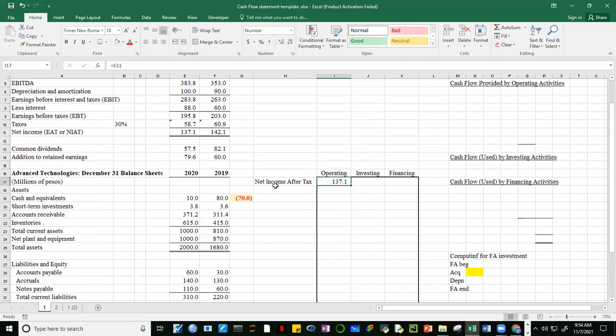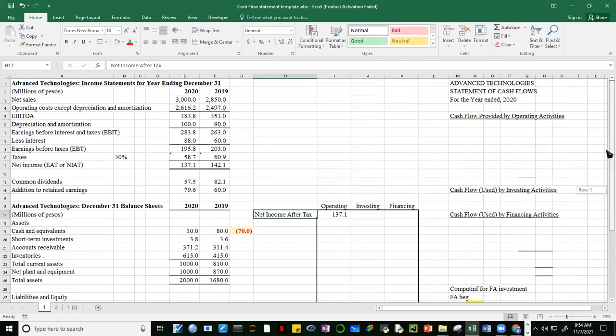Okay, now net income after tax is not cash flow. So we have to adjust this in order to convert it into cash flow, because what we're looking at here are activities that affect cash. Okay, so last time we said that there's an item here that's really non-cash.